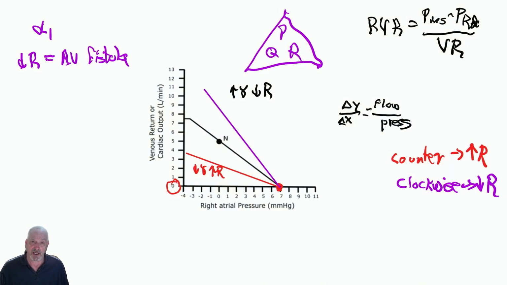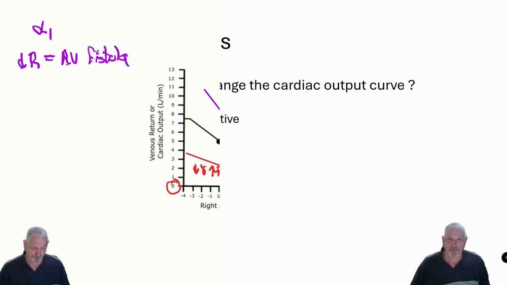Whenever you add a pathway in parallel, you decrease the total resistance. You can work that out for yourself. Another thing that can happen is that you can get massive vasodilation in some kinds of diseases, and you go to a venous return curve that looks like the purple one.